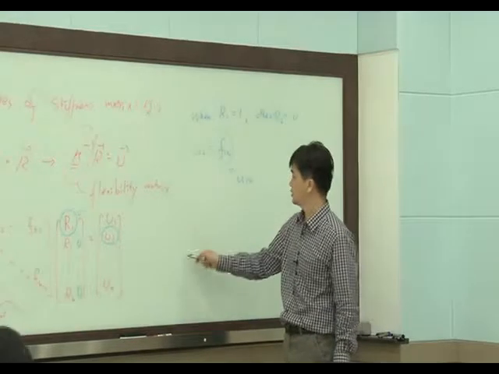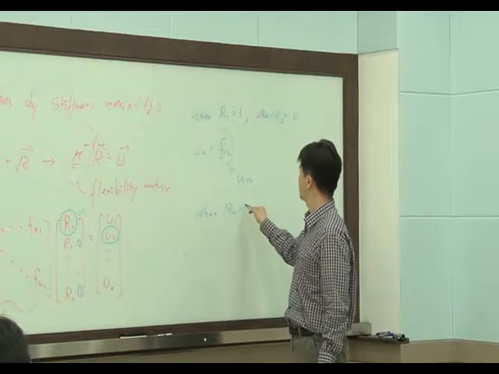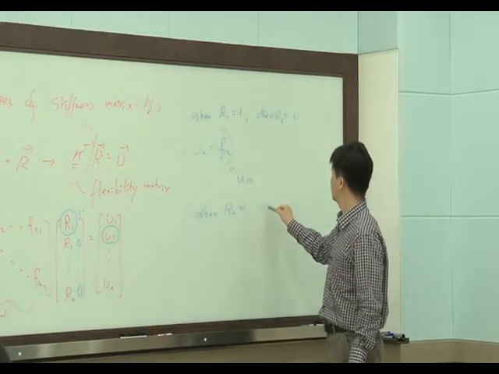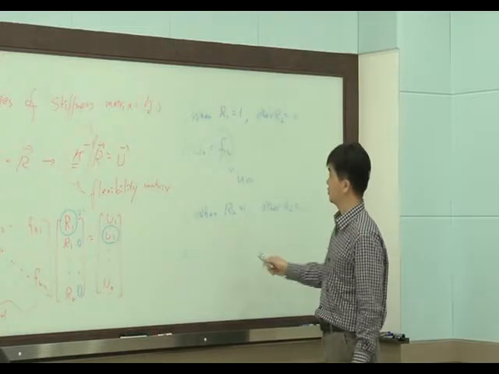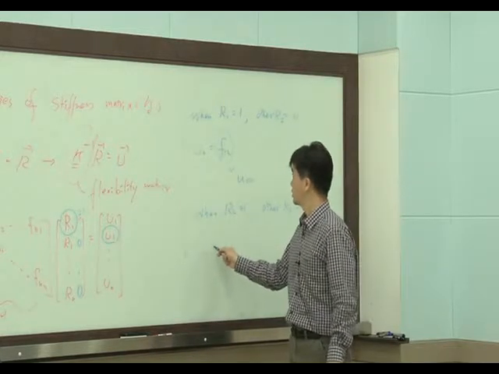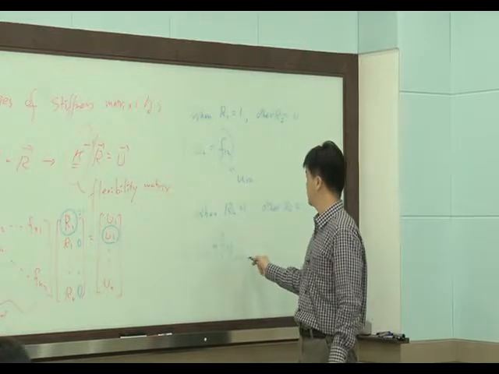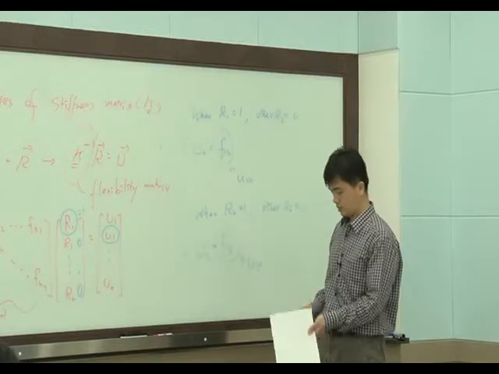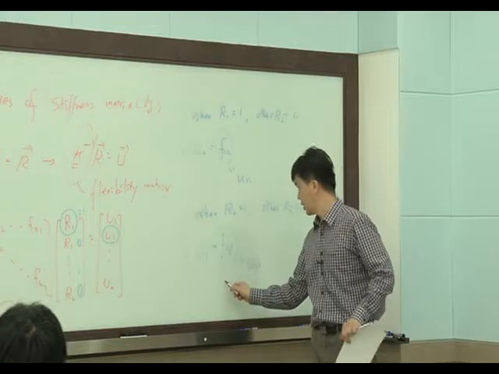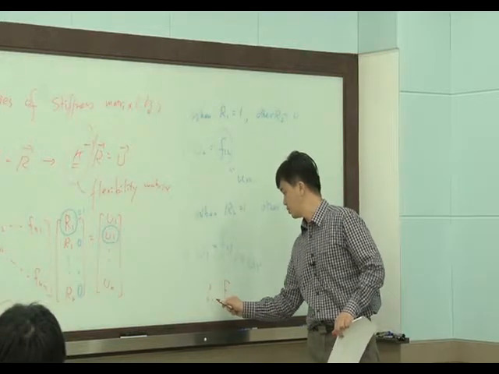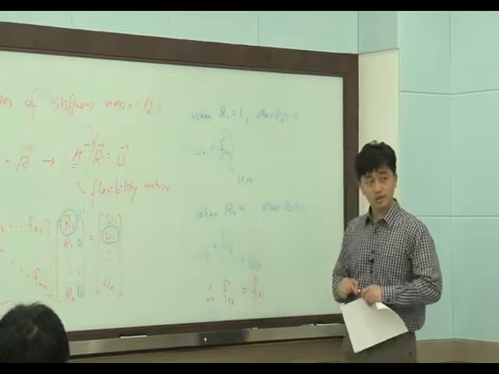Also, in the second case, when R2 equals 1 and the other Ri equal 0, U1 equals F21. And this becomes U12. So this means F12 equals F21, right?